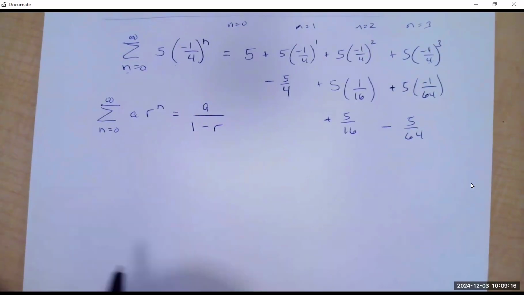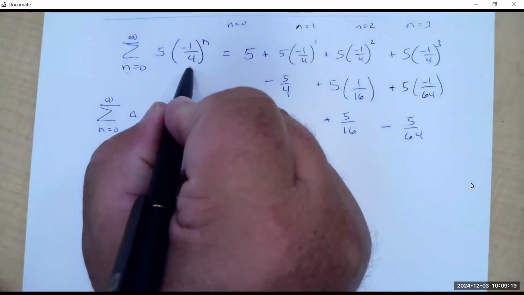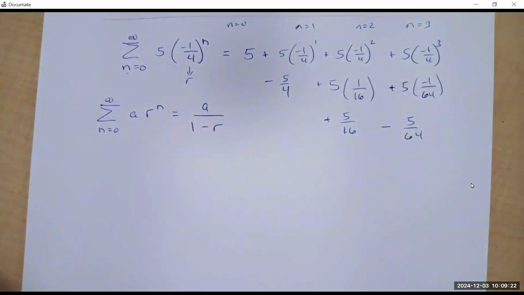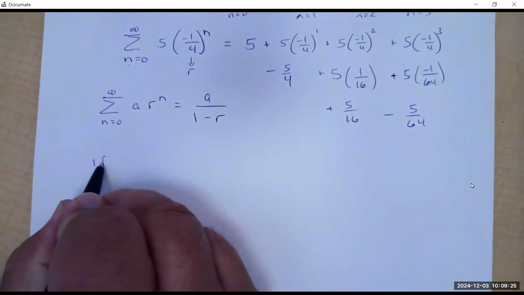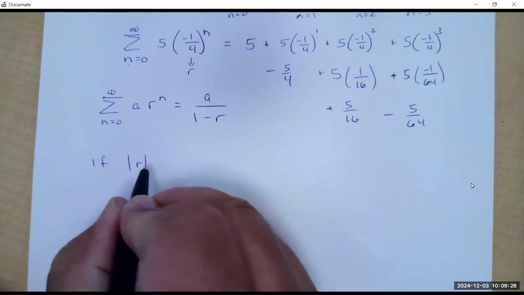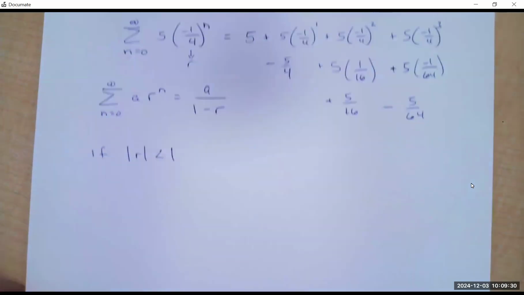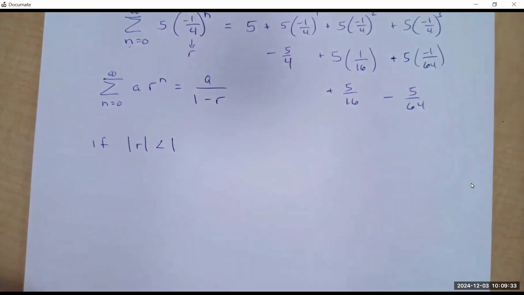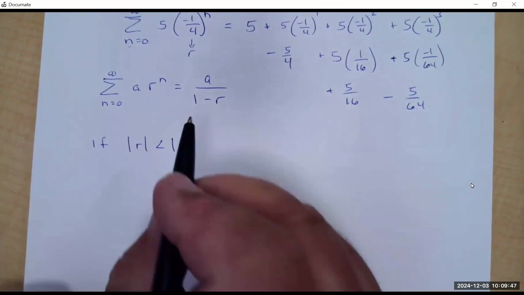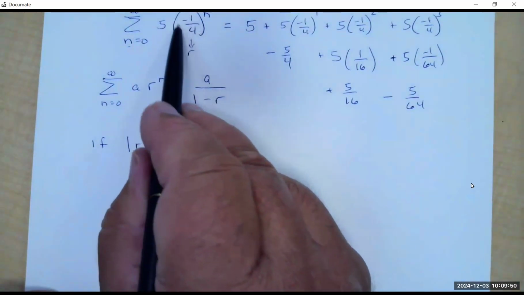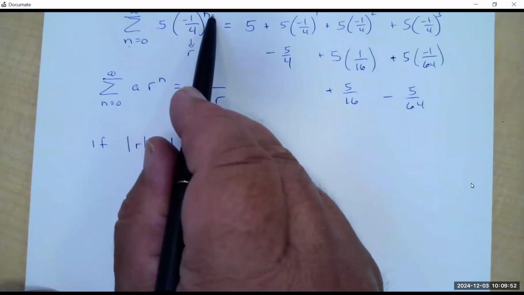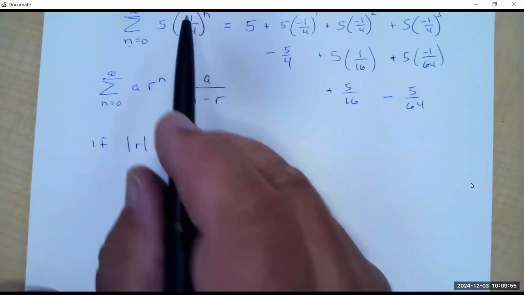So the question is, depending on what r is, if we look at the absolute value of r and it's less than 1, what do we know about it? If r is less than 1, what happens to it? If this fraction is a proper fraction, as n goes larger and larger, what happens to this equation?